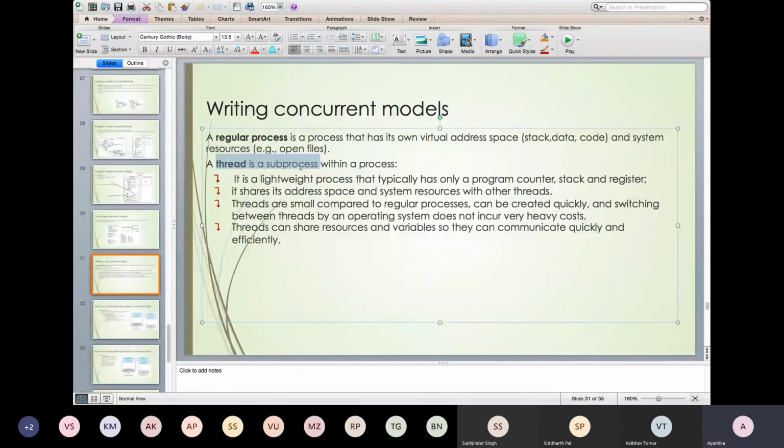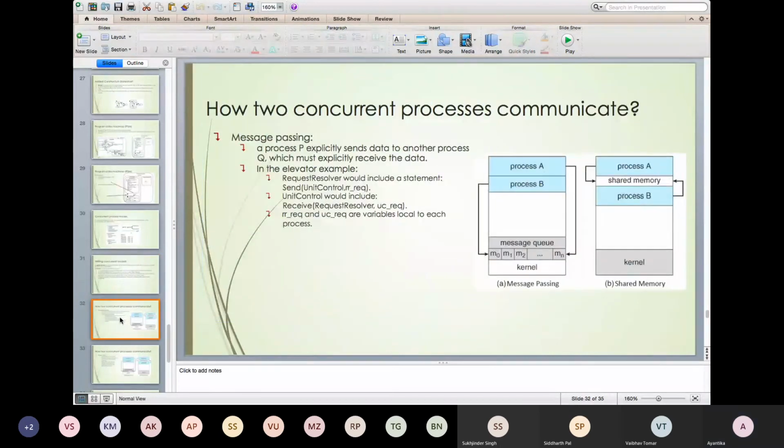So why do we generally use threads? They are lightweight and faster. The idea is you have one mother process, and you can divide it into multiple processes, or into lightweight threads or sub-processes. In whatever way, you have divided them.